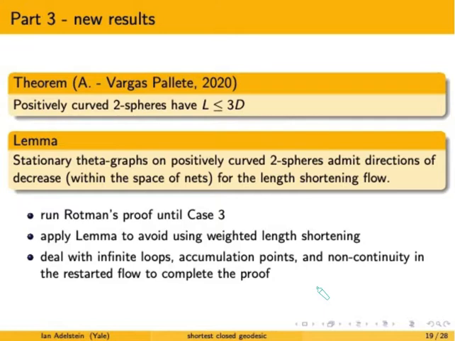And then the third idea to deal with, sort of to conclude the proof, is the non-continuity in the restarted flow. So we're contracting our theta graph down, and we're now dealing with a situation where we get stuck on a stationary object and then flow past it. And what that means is that the contraction won't necessarily be continuous with respect to the initial theta graph.